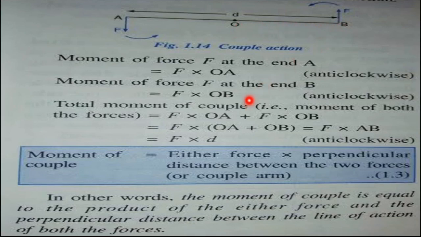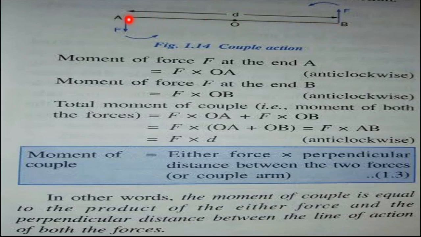What will be the total moment? The total moment will be found by adding these two equations. It will be F multiplied by OA plus F multiplied by OB. By taking F as common, we can write it as F multiplied by (OA plus OB). What is OA plus OB? If we add OA and OB, it is the perpendicular distance between these two forces.